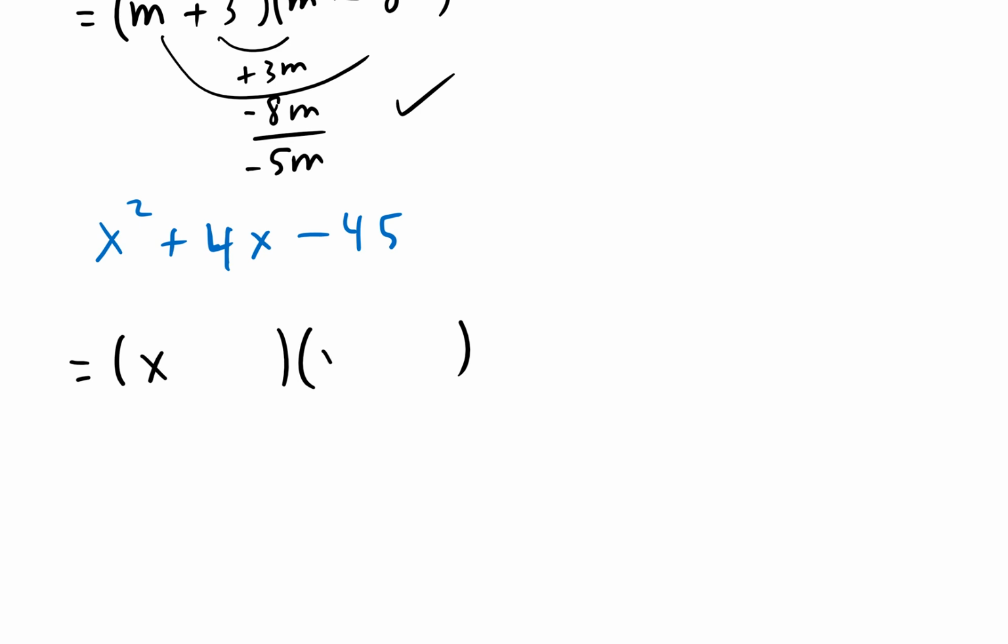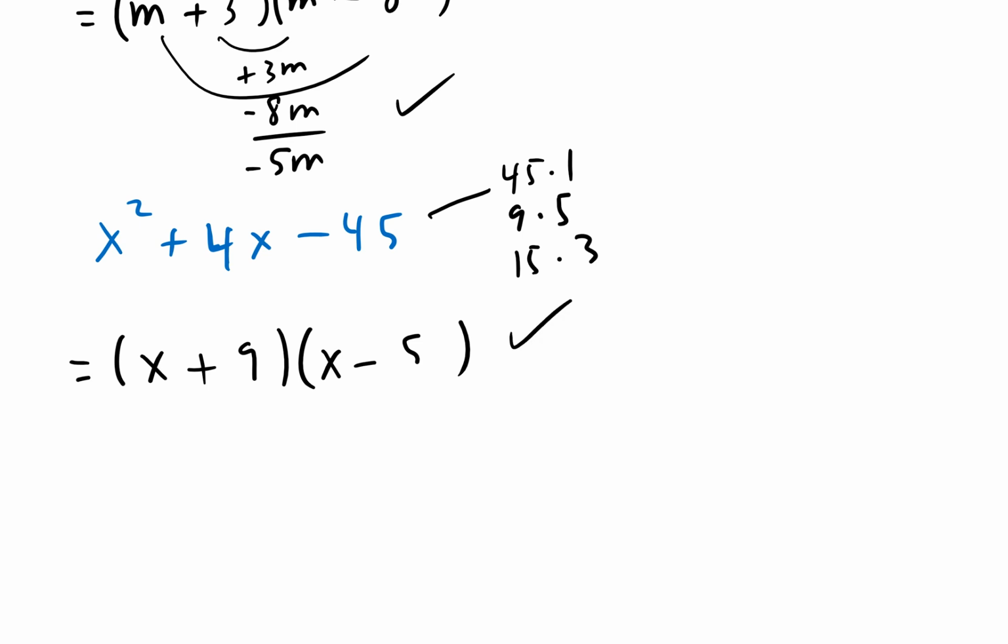So this would go x and x. 45 could be 45 by 1, or 9 times 5, or 15 times 3, maybe 9 and 5, plus minus. Test it out. 9x, 5x, yes, it works.